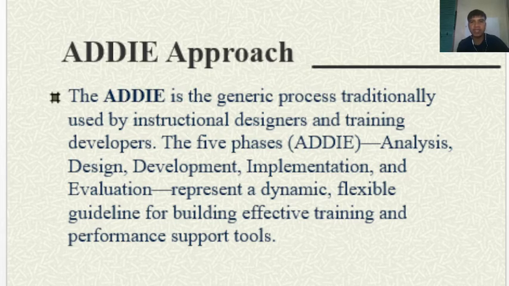The first one is analysis. Second, design. Third, development. Fourth, implementation. Next is evaluation. These are representations of a flexible guideline in building effective training and performance support tools. Okay? So let's now proceed to the details of this ADDIE approach.